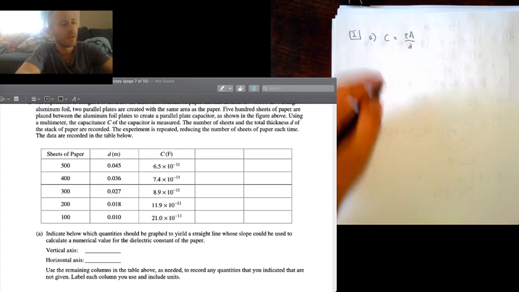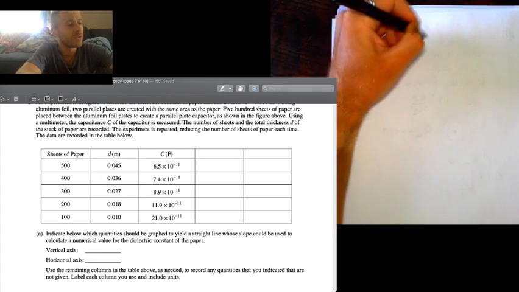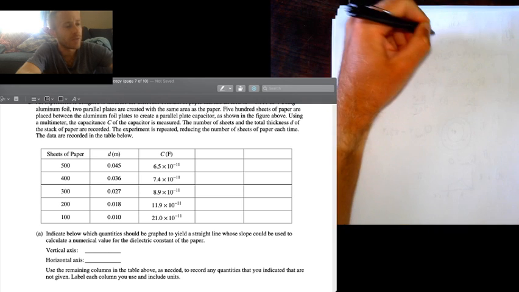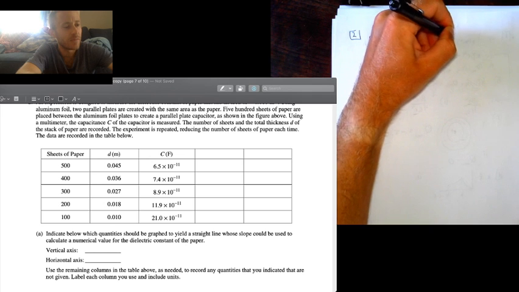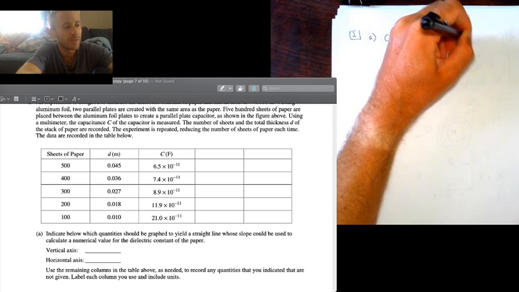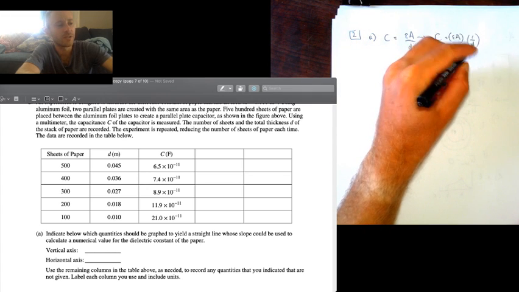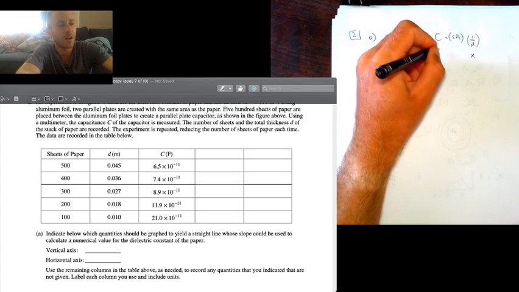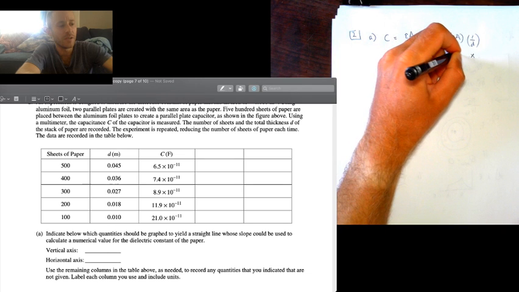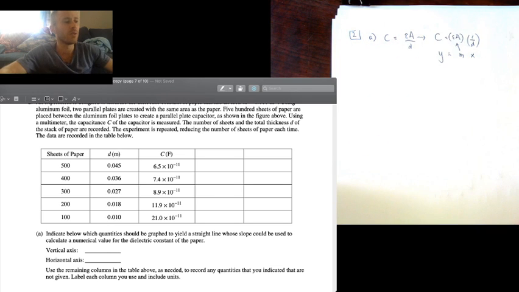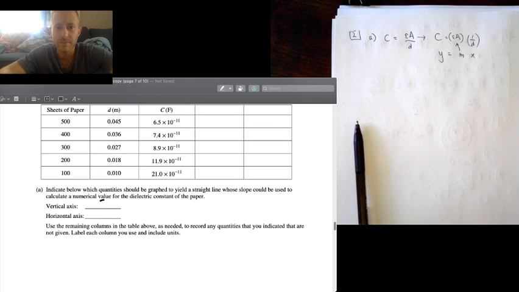So we want to get a straight line. So notice how I have capacitance equals epsilon times A times the quantity 1 over D. So if we let 1 over D equal X and we let capacitance equal Y, then the slope is going to be epsilon times A. So what I would say is on the vertical axis, I would put the capacitance.